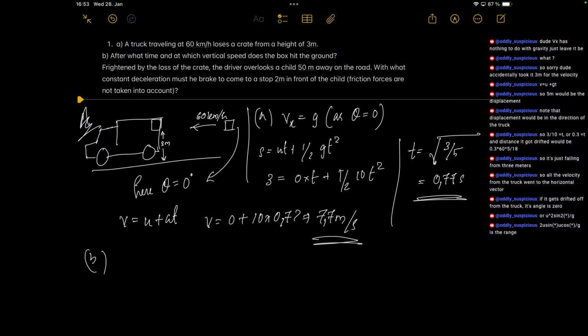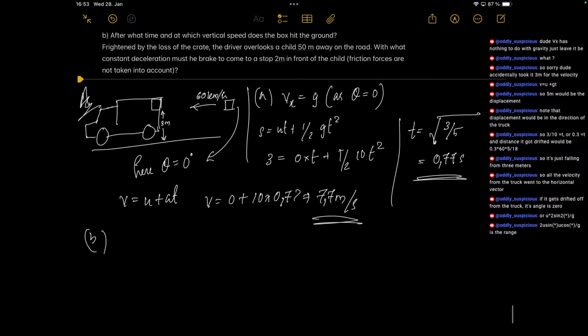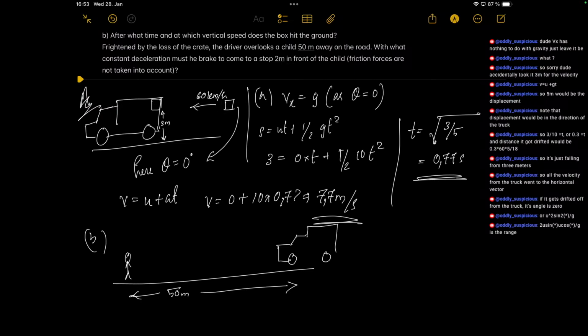So he saw a child. Let's draw this. He saw a child 50 meters away. And he stopped 2 meters away. Okay.